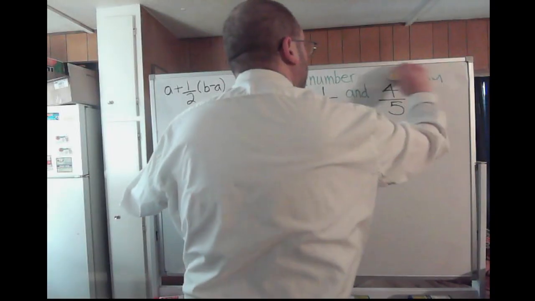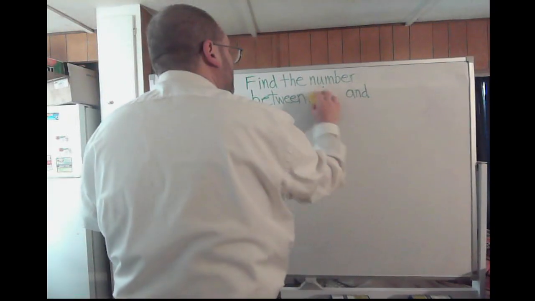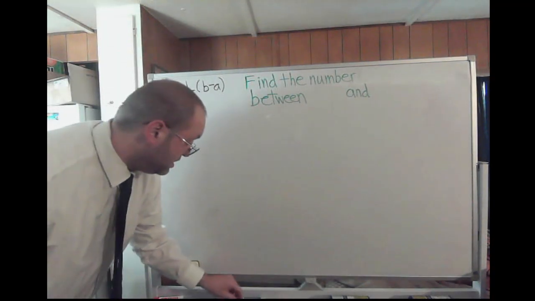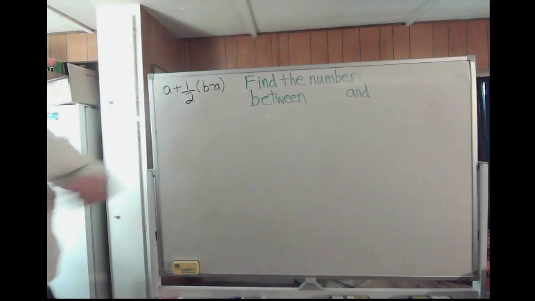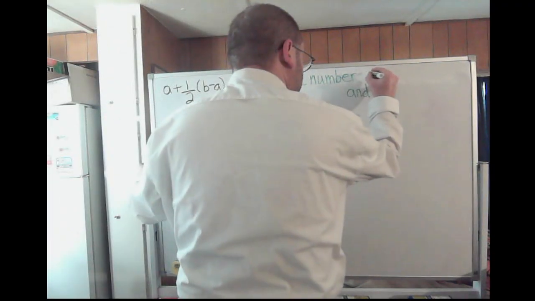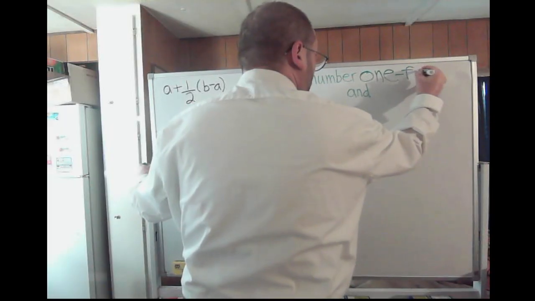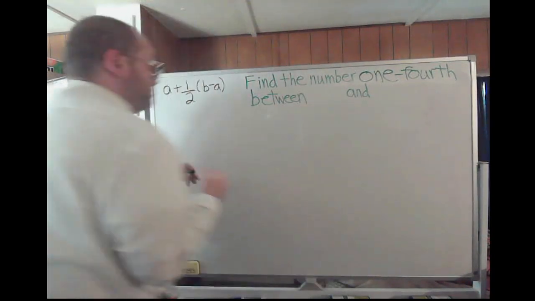Alright, I don't think the next one's 1/3. Let's see what they want you to do here. So we are going to find the number 1/4. This time they want you to find the number that is 1/4 of the way between two numbers.